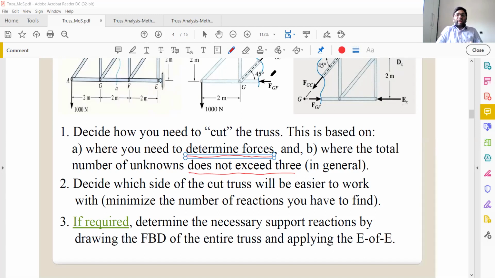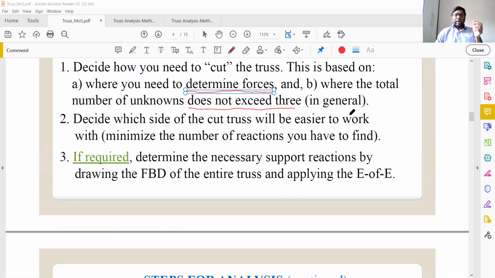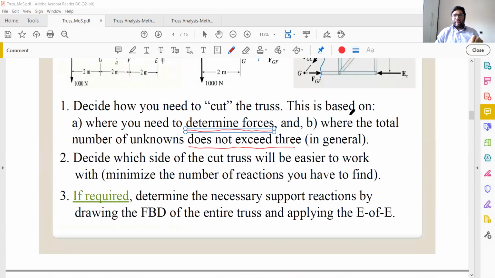Then I get a solution that I need to calculate the force only in a particular member. From the entire bridge, for example, there are 30 members in a bridge, and I have to calculate the force on the eighth member.